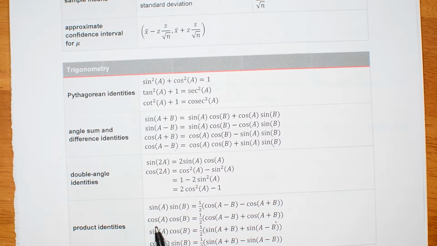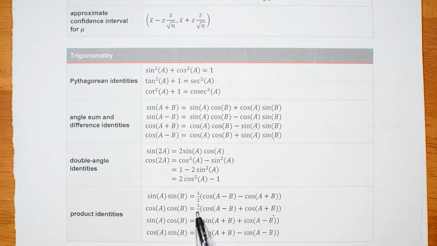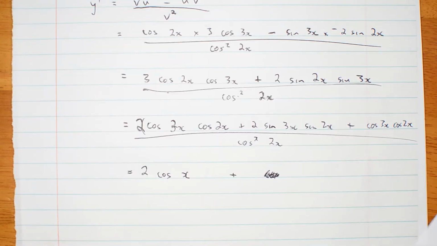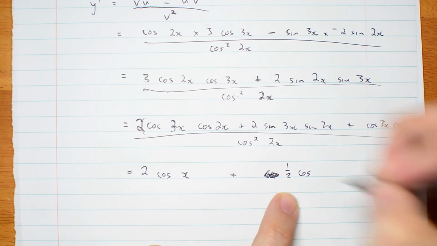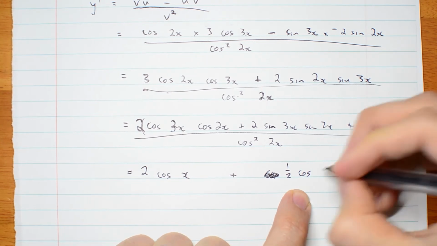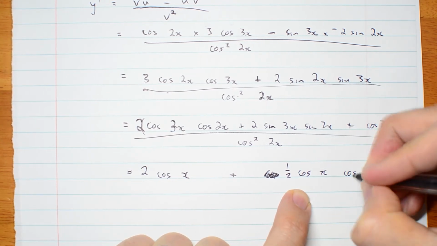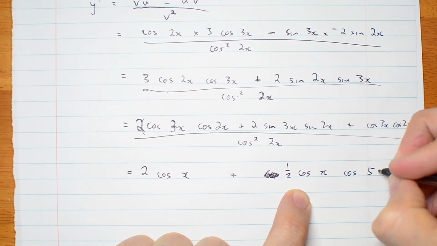Is this going to be any better? Cos 3x cos 2x is half cos of the difference plus cos of the sum. Half cos of the difference, which is x, cos of the sum is 5x.